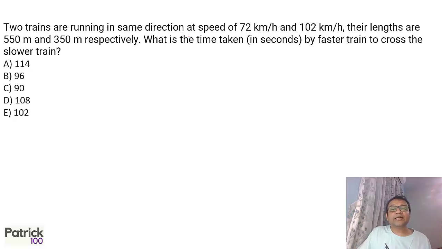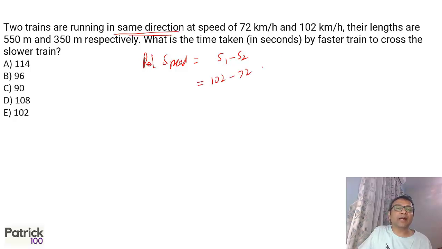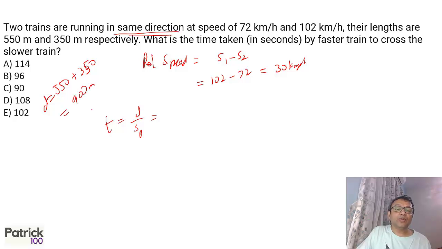2 trains are running in the same direction. If they are running in the same direction, their relative speed becomes S1 minus S2, which is 102 minus 72, which is 30 kilometers per hour. We know time is distance upon speed. The total distance is 550 plus 350, which is 900 meters, which is 0.9 kilometers.